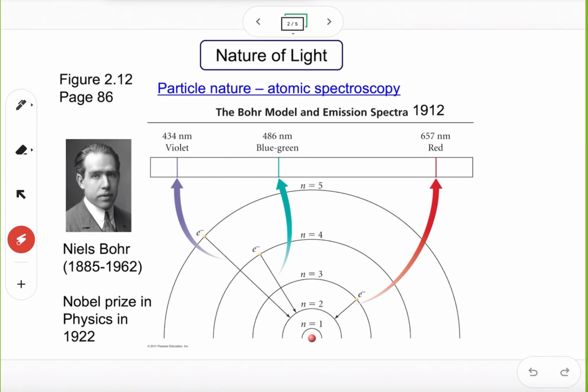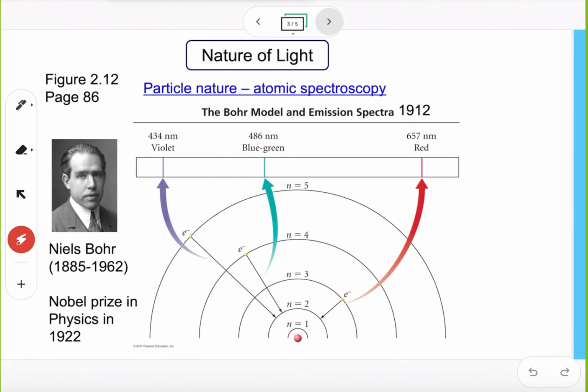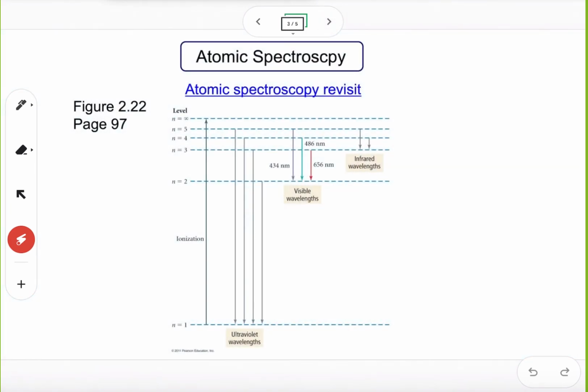So let's take a look at this picture, and I believe it will give you a better idea about why we see these lines from the very beginning. First thing is, in nature, everything will find its most stable form. That's generally true. For a hydrogen atom, the electron will be on the n equals 1 level.